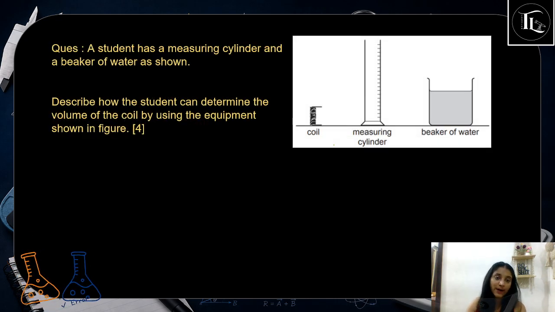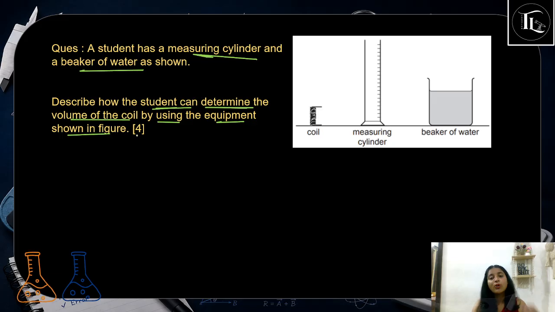Okay, now next part. A student has a measuring cylinder and a beaker of water as shown. Describe how the student can determine volume of the coil by using the equipment as shown. The object can be anything, a coil or any mass, but the procedure will remain the same.